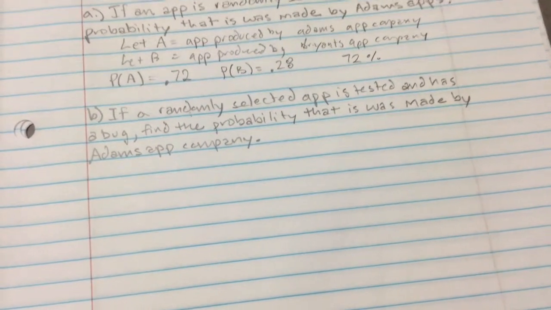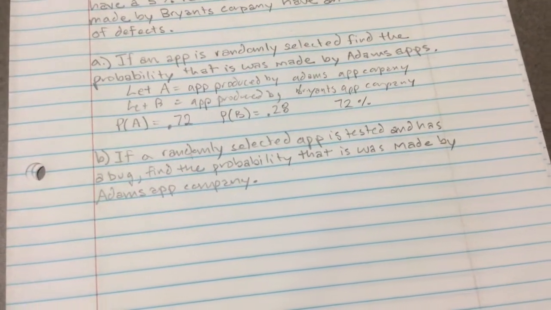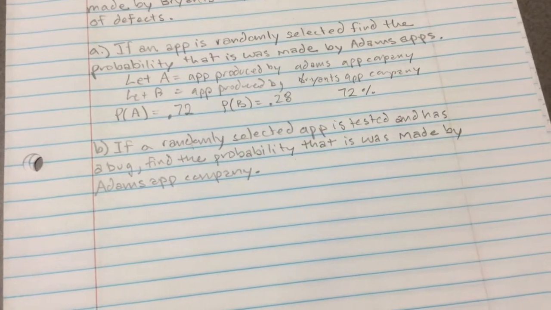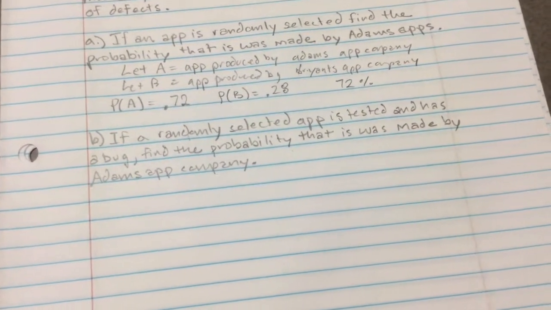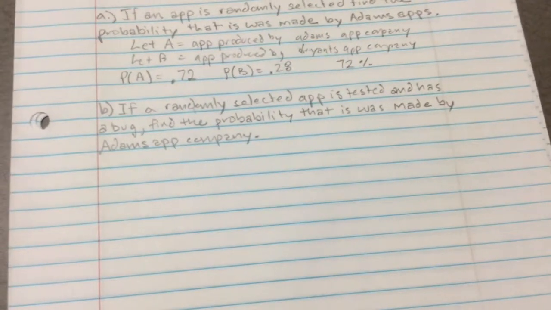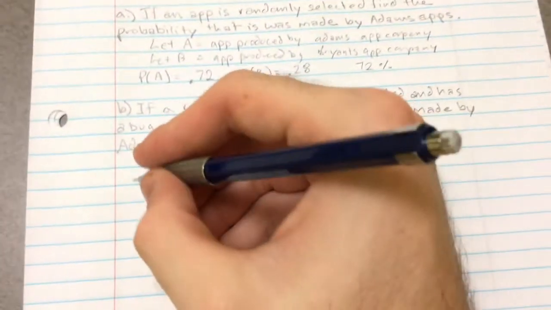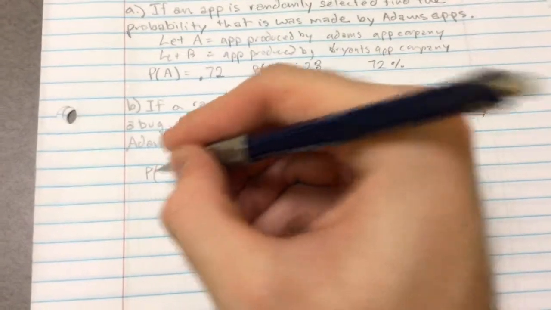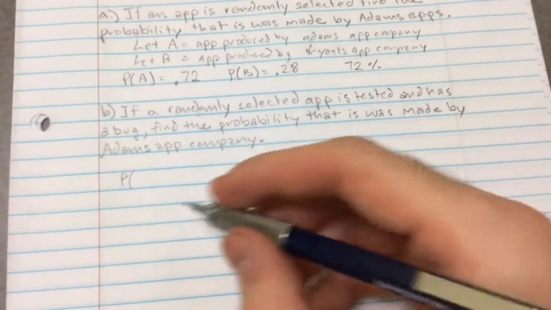If a randomly selected app is tested and has a bug, find the probability that it was made by Adam's app company. So now this is where Bayes' theorem comes into play, and we're going to be using a thing called conditional probability. Before we write that out, let me first set another variable.